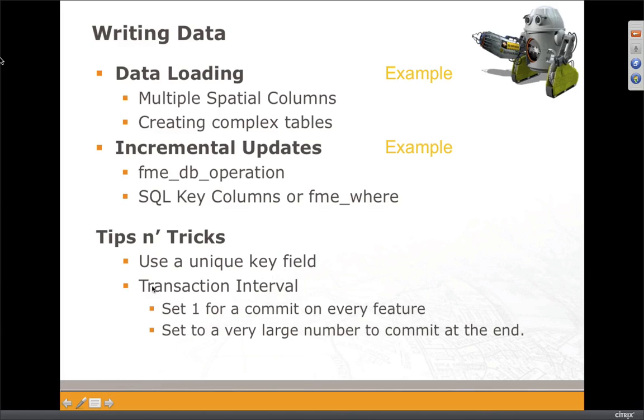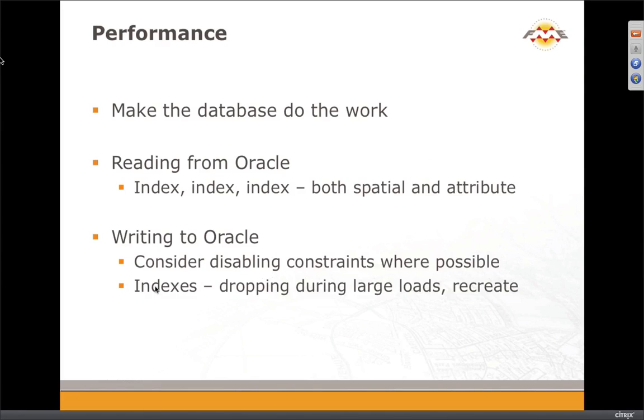One of the other options that's available on a writer is the ability to set a transaction interval. So we can actually control when and how features are committed to the database. If you want to commit your write on every single feature, then you would set the transaction interval to 1 so that each feature would be committed. And we'll show you that next time we have the reader up as well.